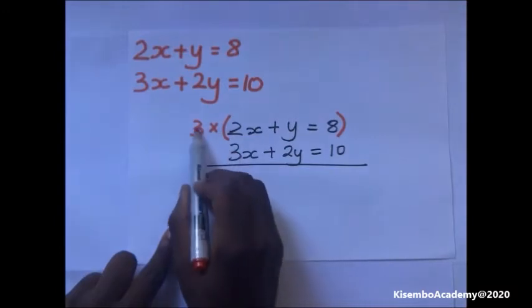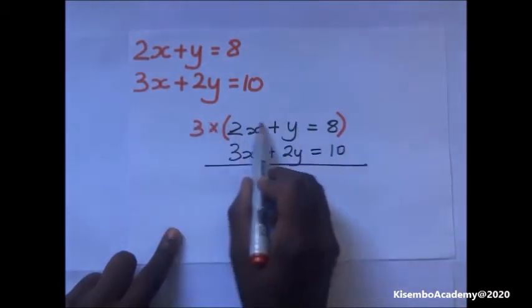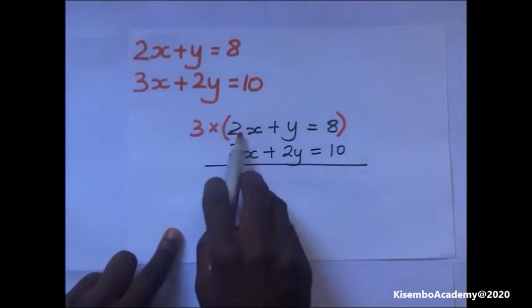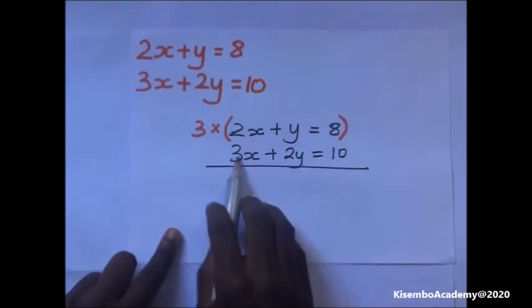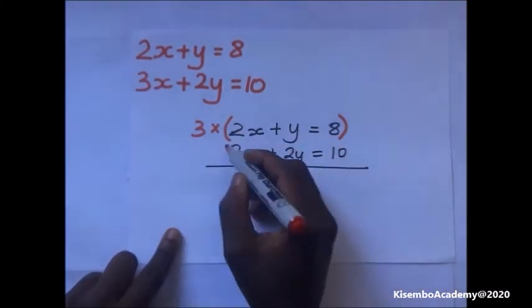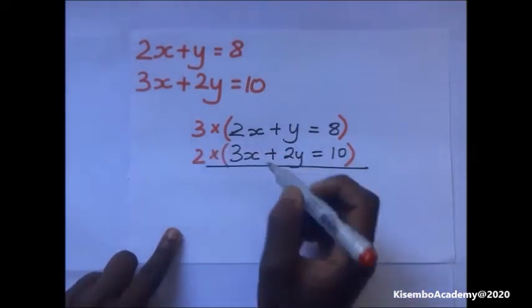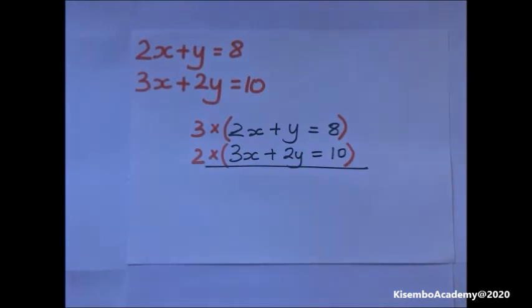Likewise, we get the coefficient of x here, which is 2, and multiply the second equation throughout by 2. In so doing, we shall be able to make the coefficients the same.